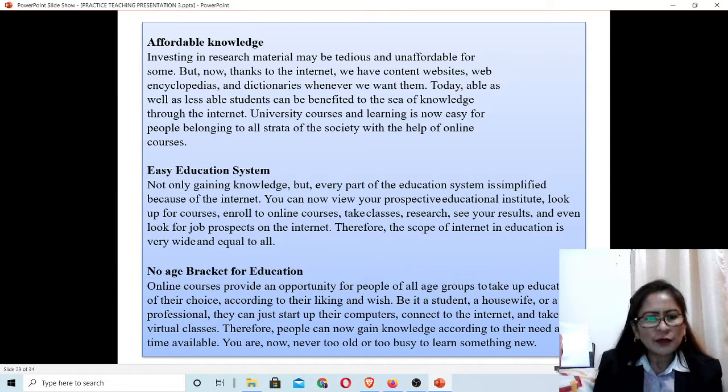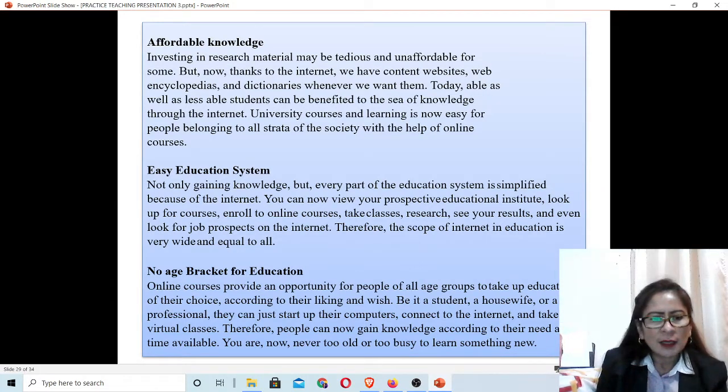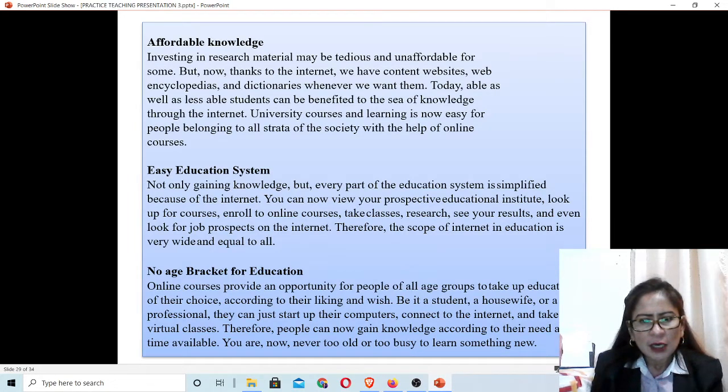No age bracket for education. Online courses provide an opportunity for people of all age groups to take up education of their choice, according to their liking and wish, be it a student, a housewife, or a professional. They can just start up their computers, connect to the internet, and take virtual classes.